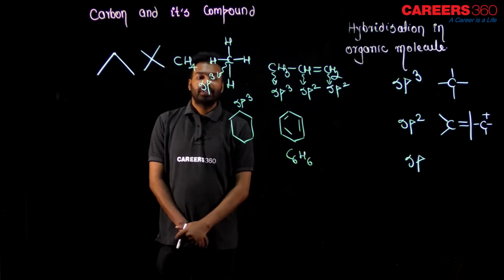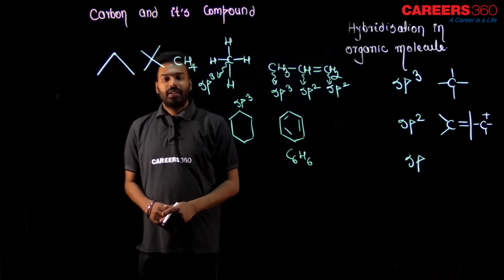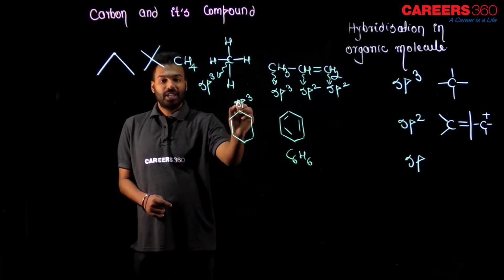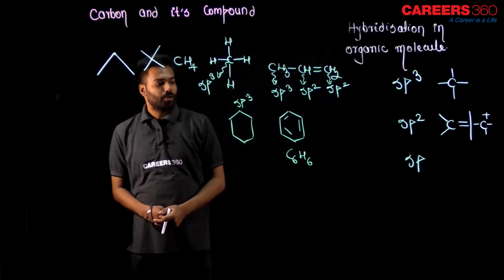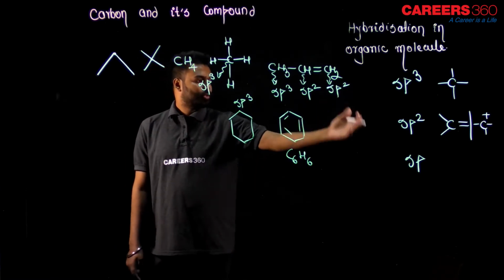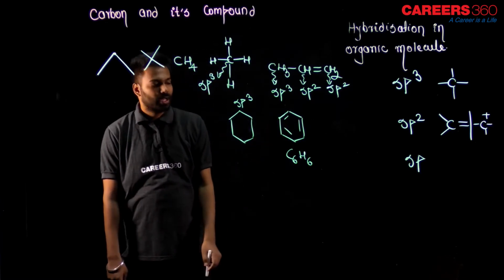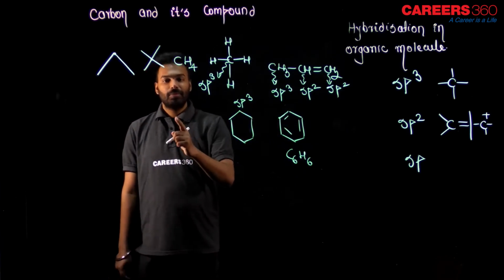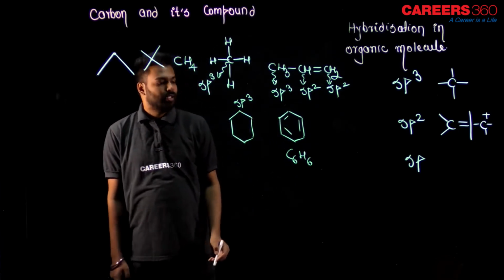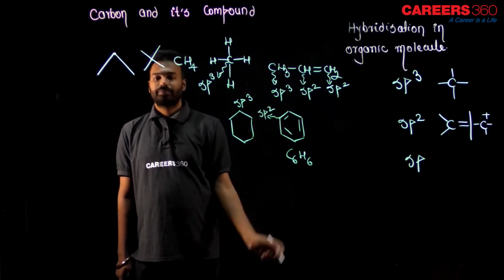They may ask whether the carbon atoms in benzene are sp2, sp3 or sp hybridized. Let's calculate with this trick, very easy. Can you see this carbon? This carbon is double bonded. If any carbon is double bonded once, what is it? sp2. So this carbon is sp2.